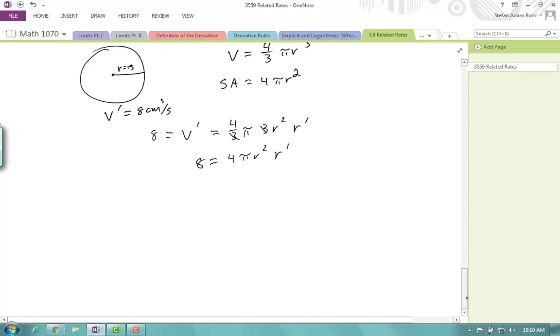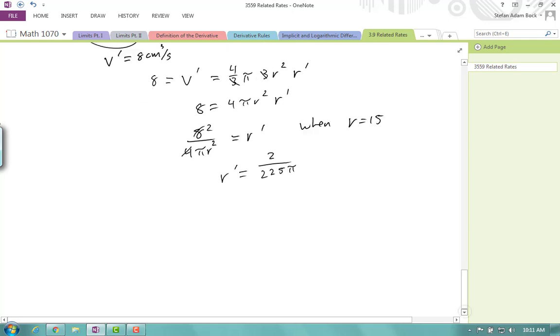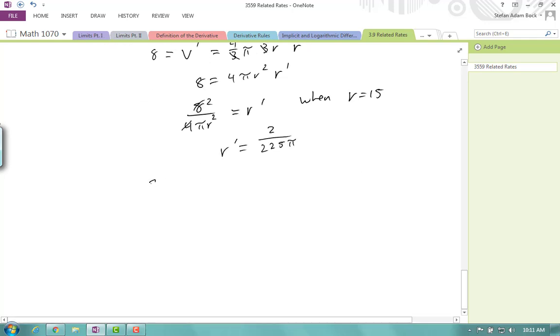Meaning 8 divided by 4π r squared is equal to r prime. So when r is equal to 15, I have r prime is equal to 2 over 225π.